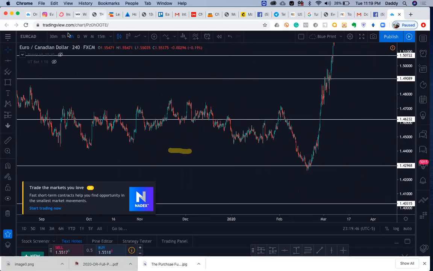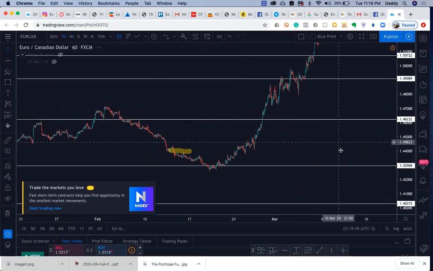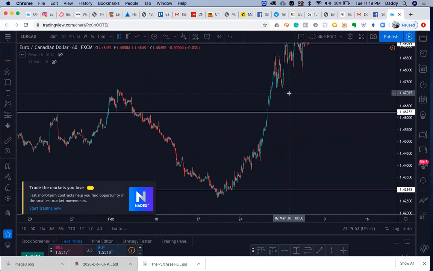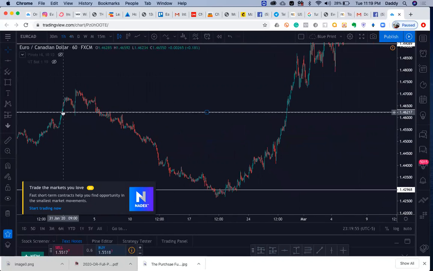If I come down here to the 1 hour, this is telling me price got to this zone, retraced, came back, hit the zone again, hit here, came back and retested this line. So this is a very important line right here.